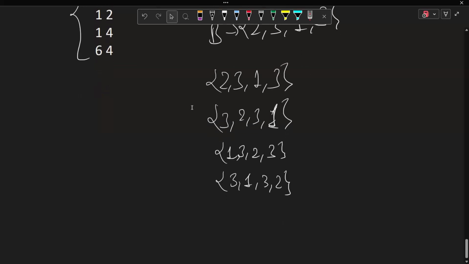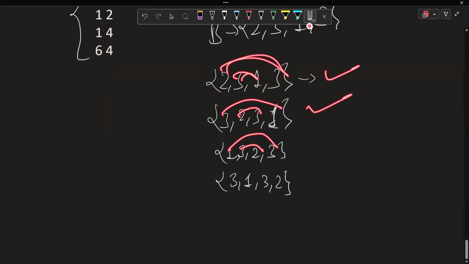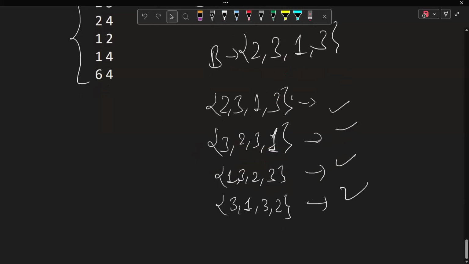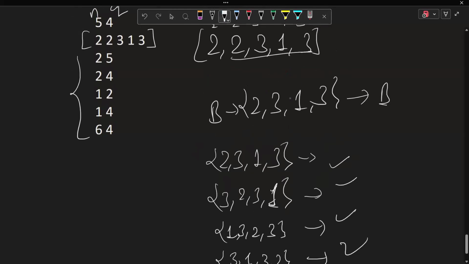If you shift again, it becomes the original. So these 4 cyclic shifts exist. Now check whether they are anti-palindrome. These 2 are unequal, these 2 are unequal, so it is anti-palindrome. The same holds for each of the others. So all of them are anti-palindrome, and we can say that this subarray B is beautiful. So we would answer yes here.